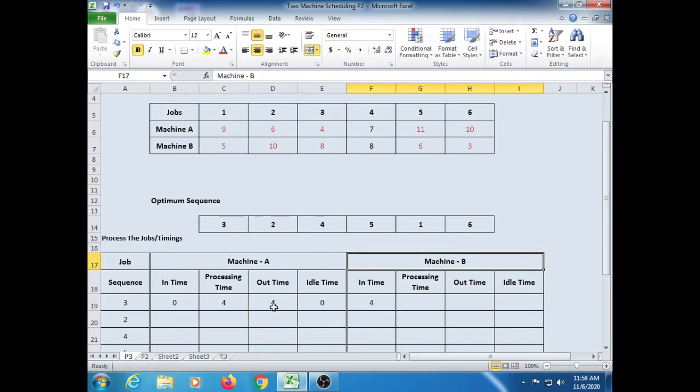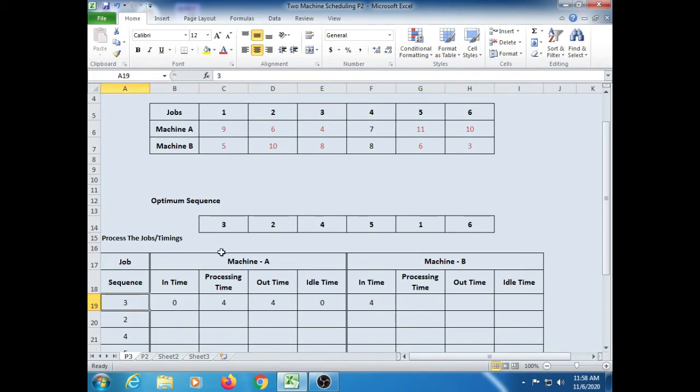Okay, this job's out time on machine A will become the in time on machine B, because we have to process the job on the first machine A, then on machine B. So what is the processing time for machine B? Which job are we processing?